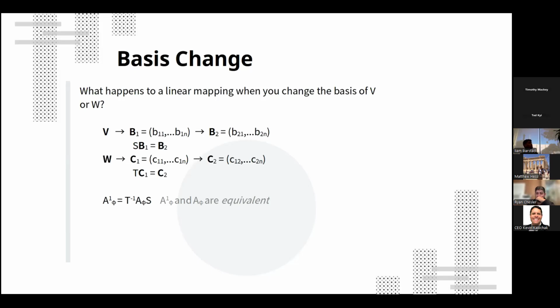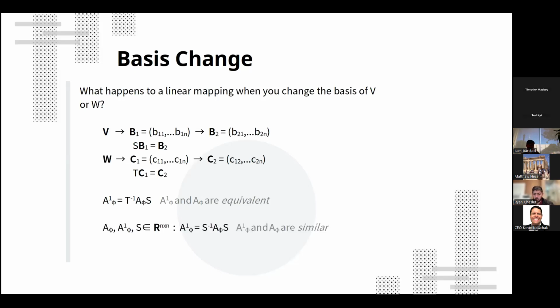So you could say T times the new transformation matrix equals A times S, where S is the change of the input, and T is the change to the output. That's how I remember it. In this case, A1 and A are equivalent transformations, because certain properties mean they can be transformed into each other.